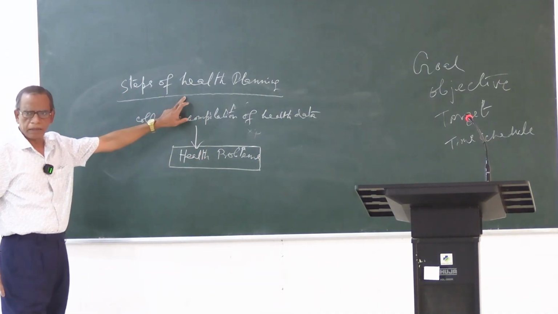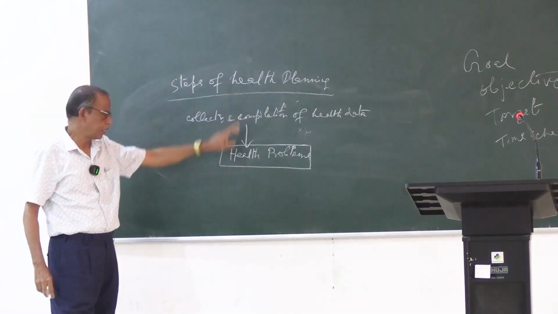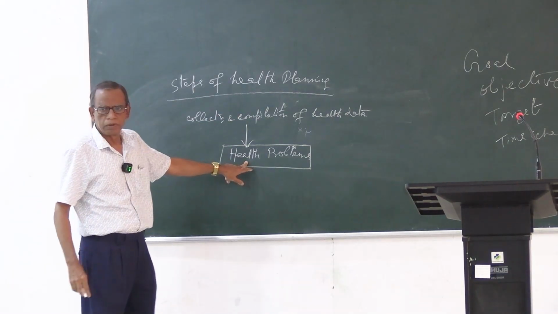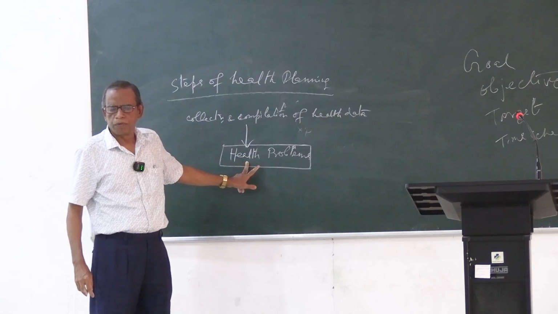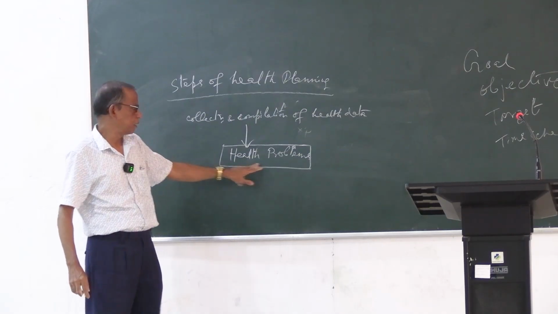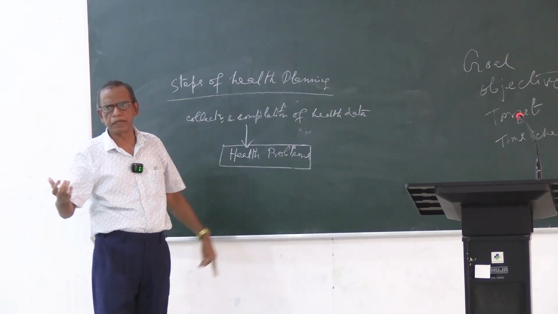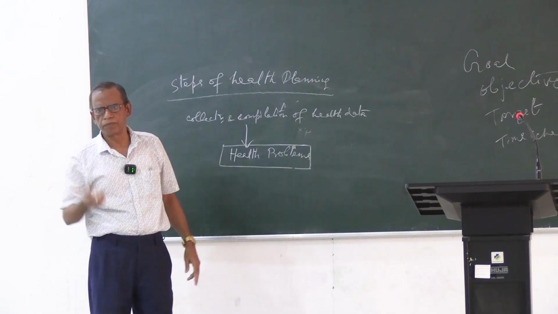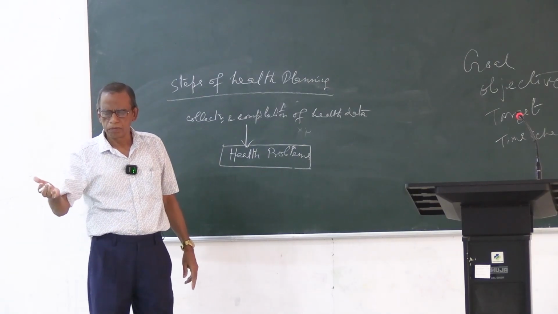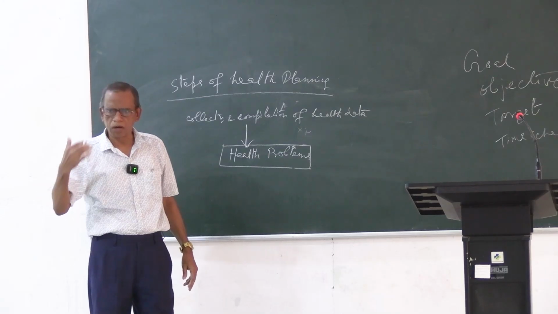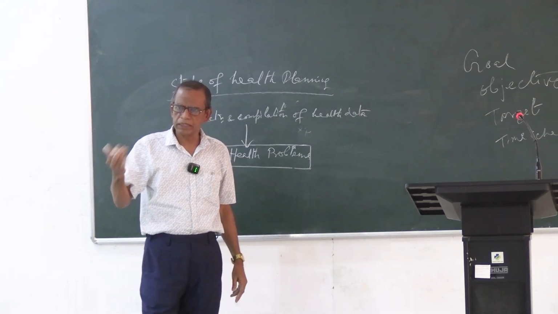After collection of data, you have compiled the data and you found out that there are health problems. As for example, many underdeveloped children are dying because of measles infection or because of tetanus.